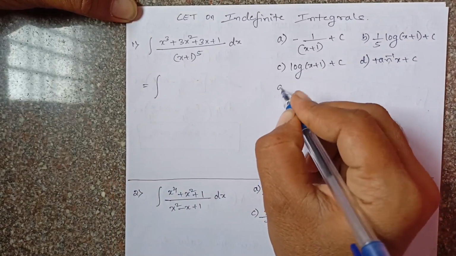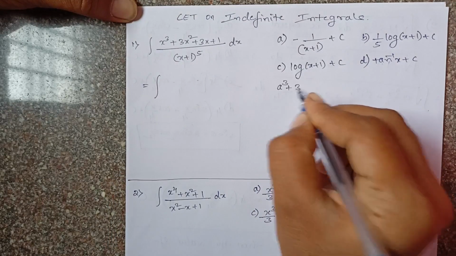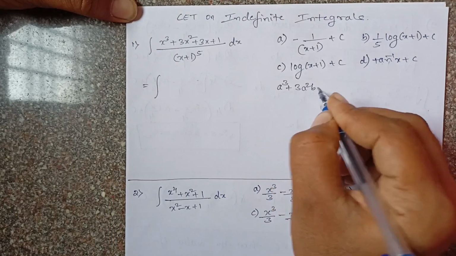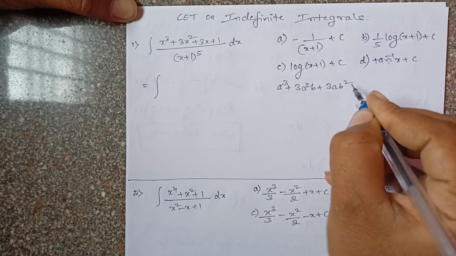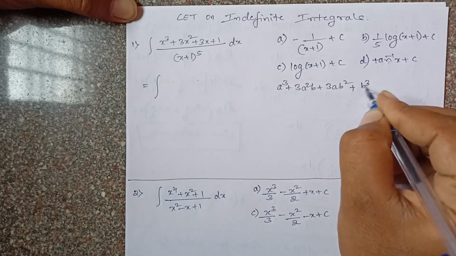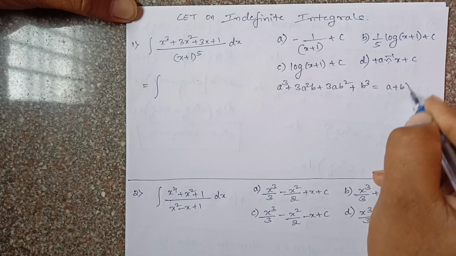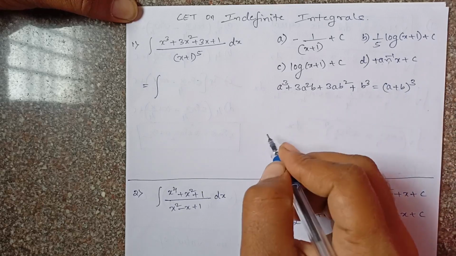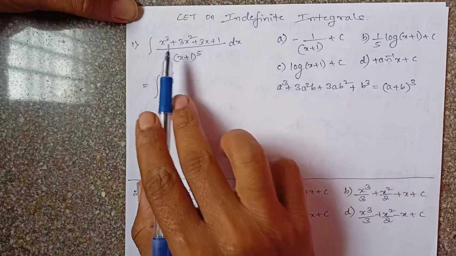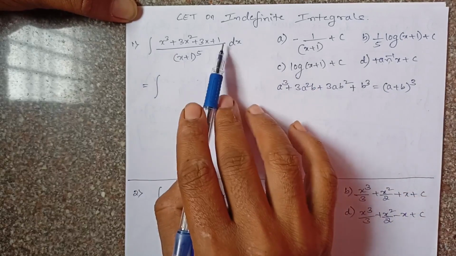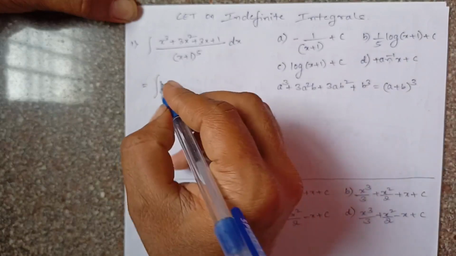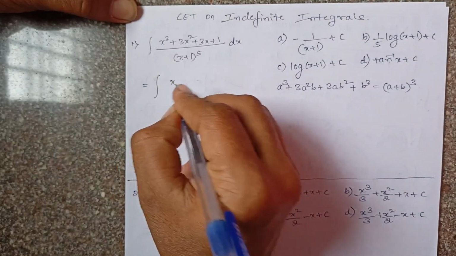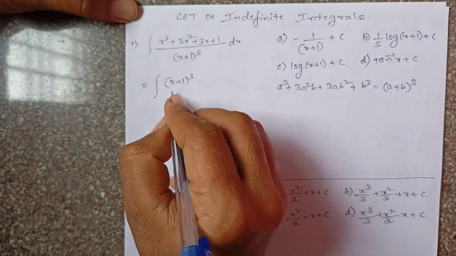It is of the type a cube plus 3a square b plus 3ab square plus b cube. It is nothing but the (a plus b) whole cube formula, where in place of a we have x, in place of b 1 is there. Numerator can be written as (x plus 1) whole cube.